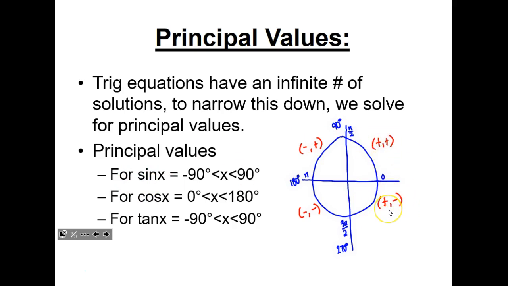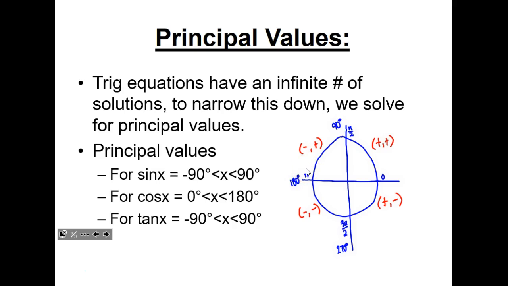Tangent would be positive here, negative here. But we can't use the same principal values for cosine, because notice, cosine is positive in both the first and the fourth quadrant, right? If we use the same principal values for cosine, we would not ever be able to find a negative value, which we sometimes have. So for cosine, we go from 0 to 180.